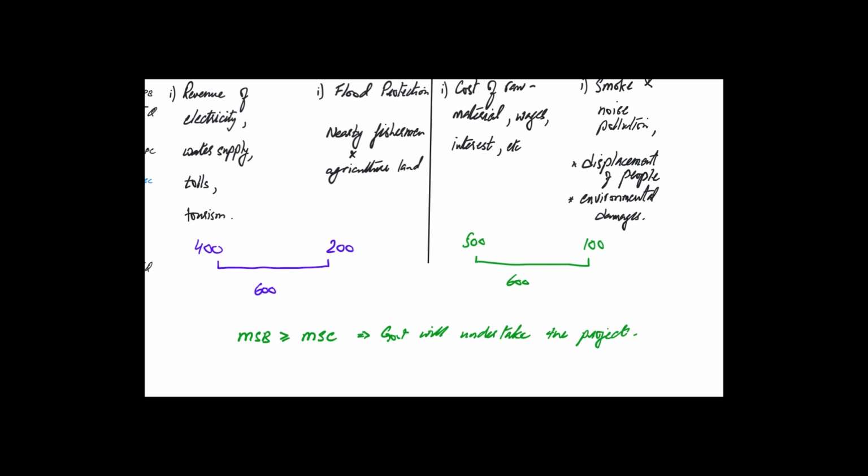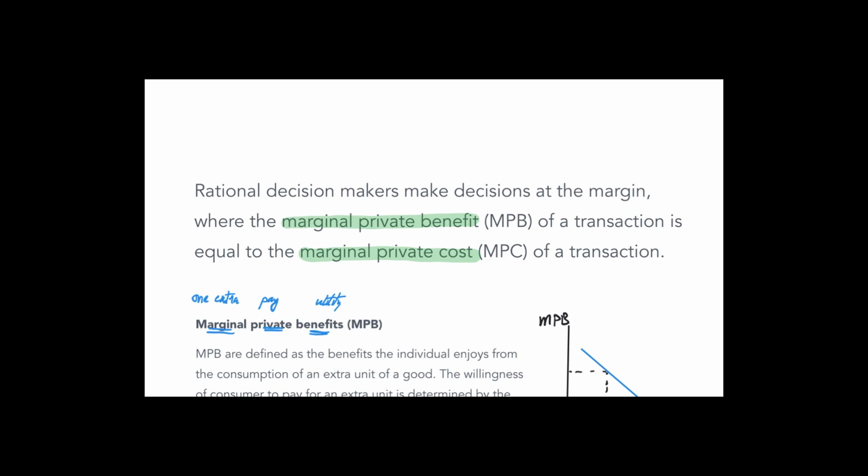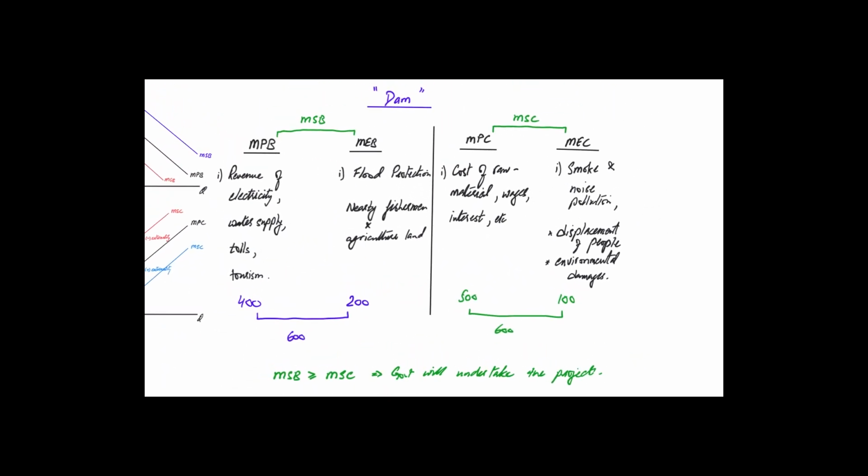But what about the private sector? Well, the private sector is not going to look at these values. As we discussed right at the beginning, what rational decision makers think about are private benefit and private cost. So they're just going to look at these values. And here we can clearly see that the private cost is greater than the private benefit.